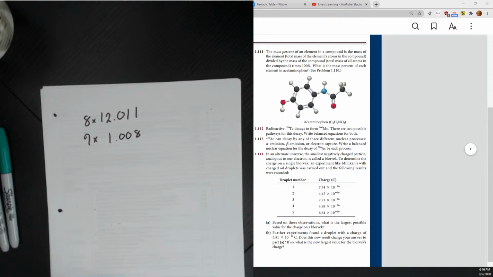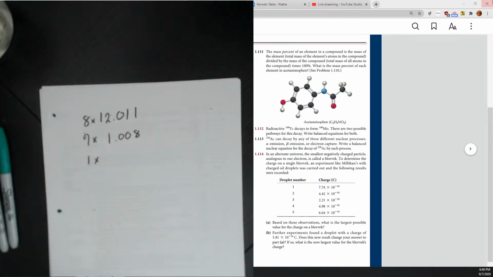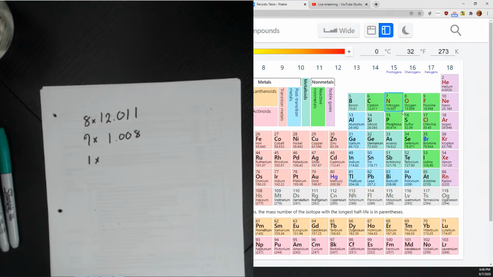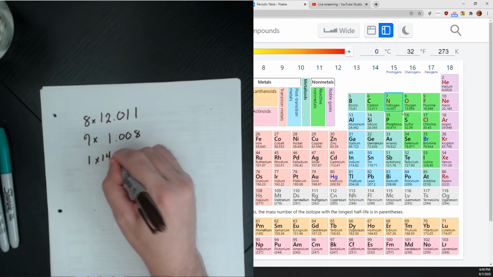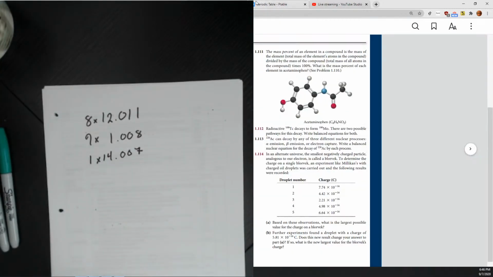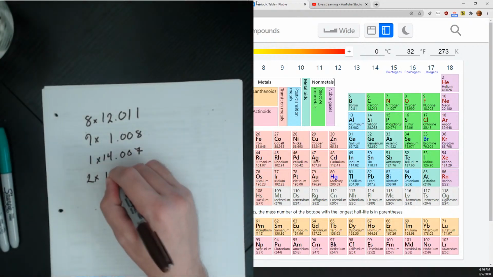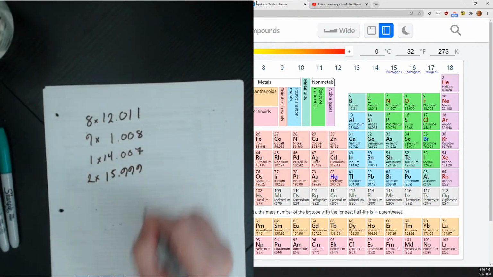And then we have 1 nitrogen, 1 times 14.007. And then we should have 2 oxygens. Yes, 2 oxygens, so 2 times 15.999.